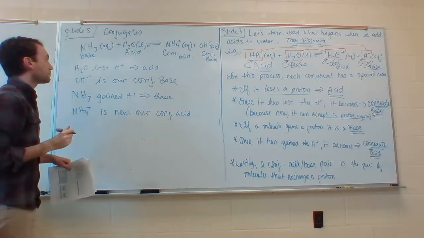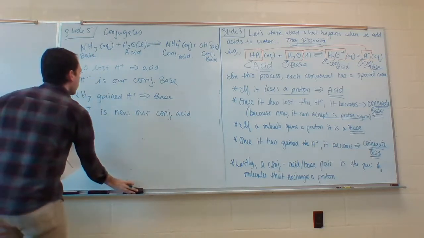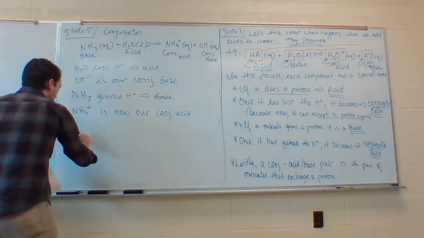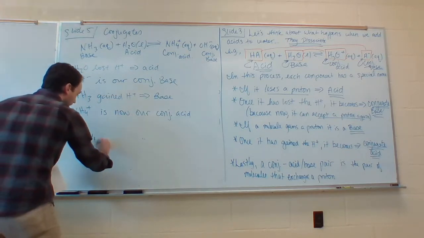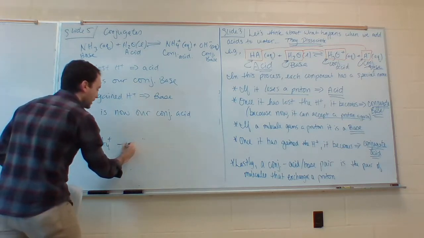All right, so that should be pretty straightforward. Now, what are our conjugate acid-base pairs? Well, we have NH3 and NH4 plus. That would be one conjugate acid-base pair.